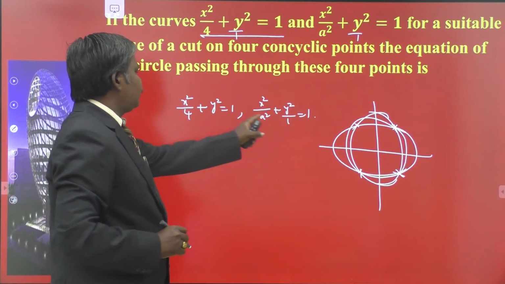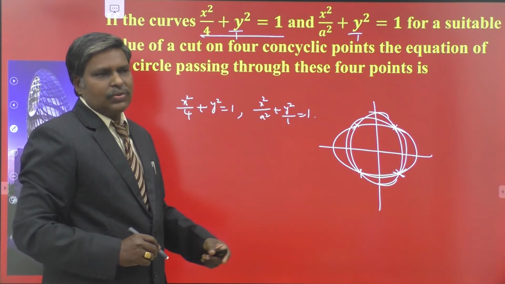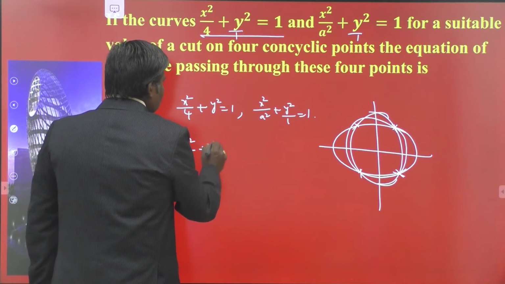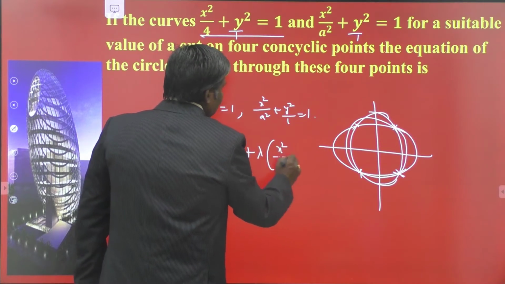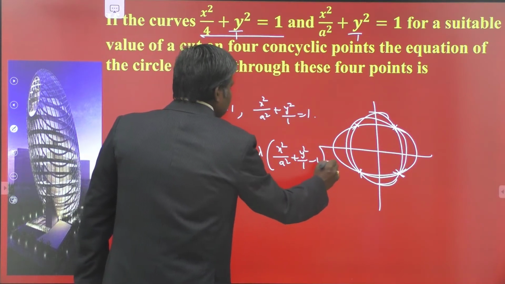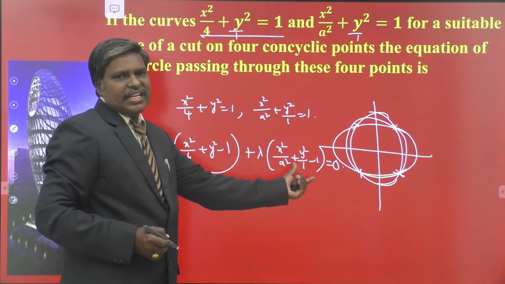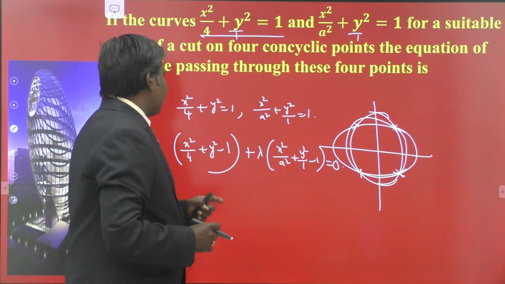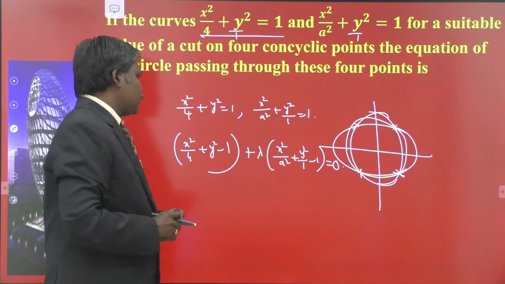Now the equation of any circle passing through the point of intersection of these two curves may be taken as x square by 4 plus y square minus 1 plus lambda times x square by a square plus y square by 1 minus 1 is equal to 0. That is, S plus lambda S dash equal to 0. Because our circle equation is a second degree equation in x and y, there is no xy term, and the coefficient of x square is equal to the coefficient of y square.